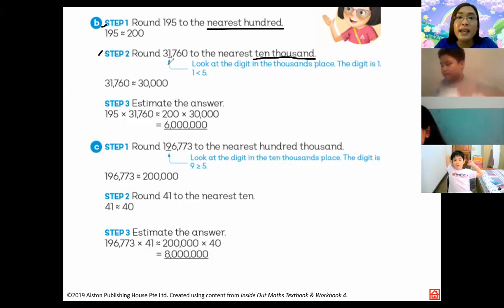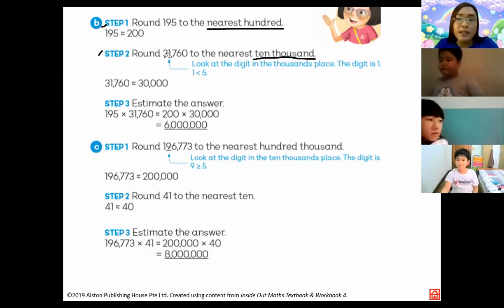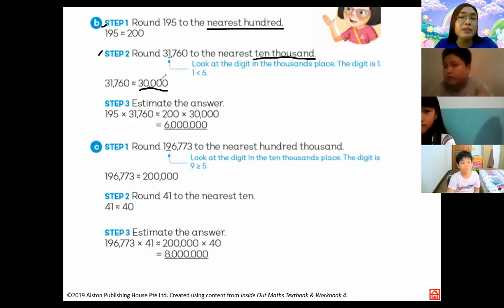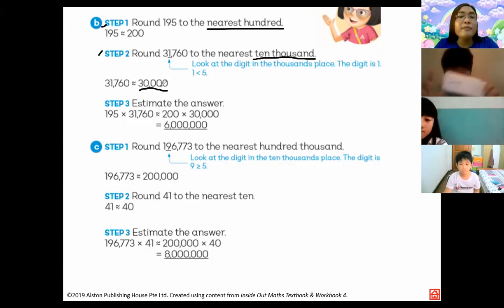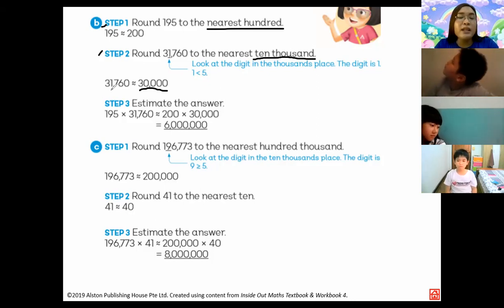That means if we round this number to the nearest 10,000, it's going to be 30,000, because 31,760 is closer to 30,000 than to 40,000. So again, 31,760 rounds off to 30,000.